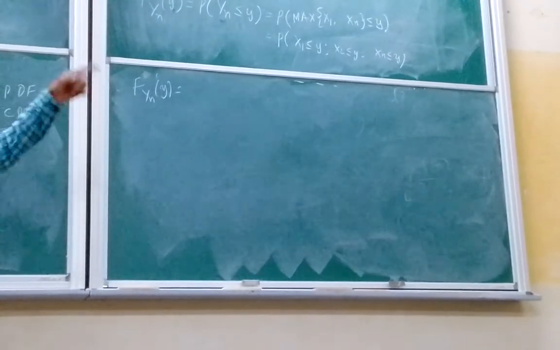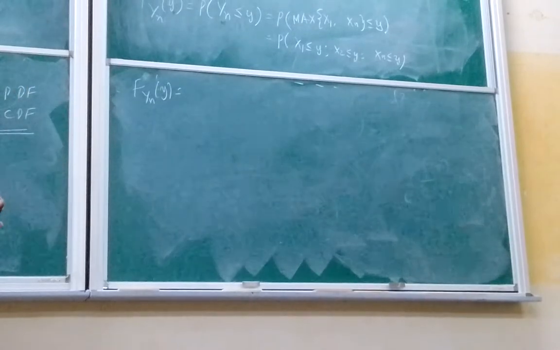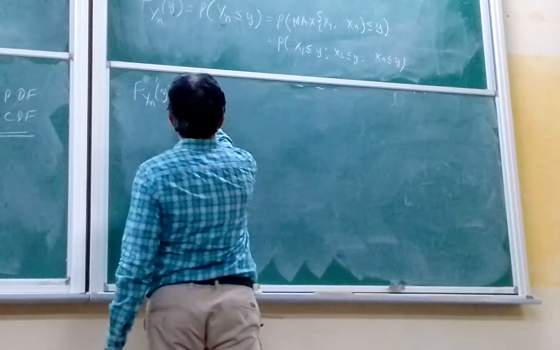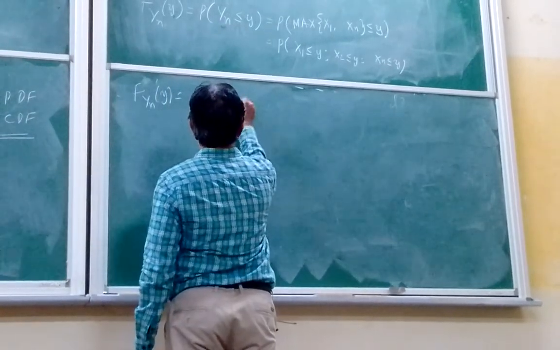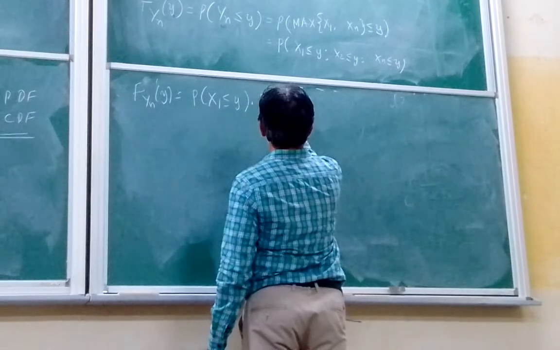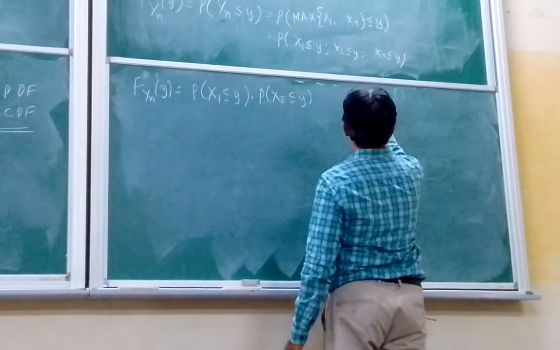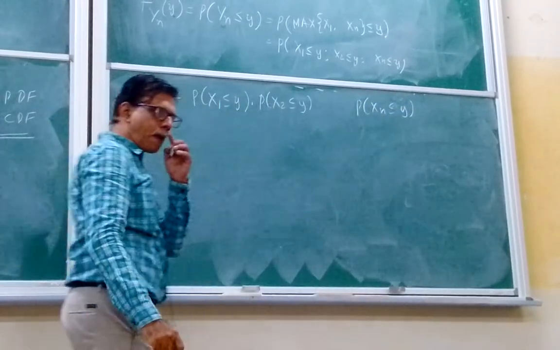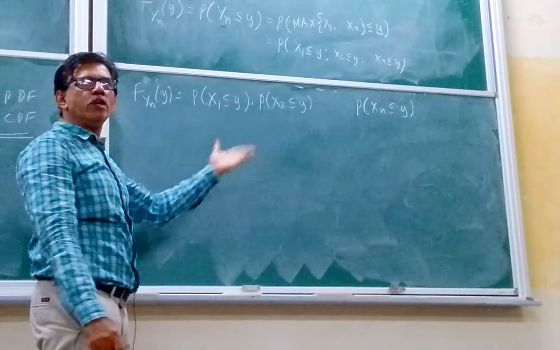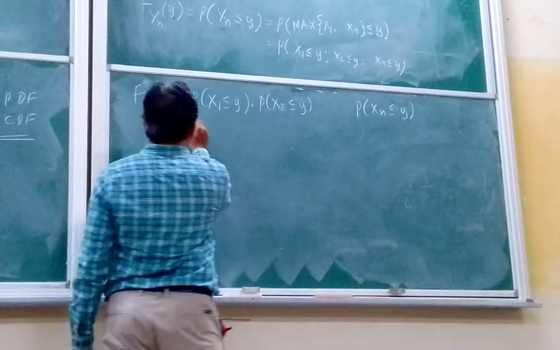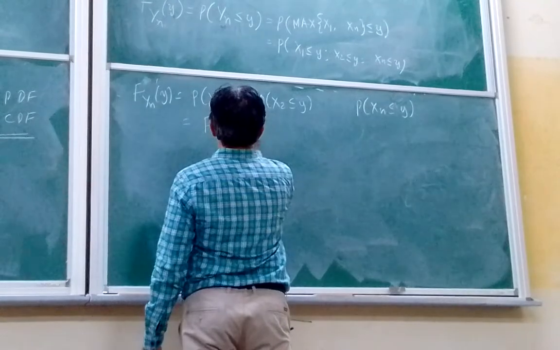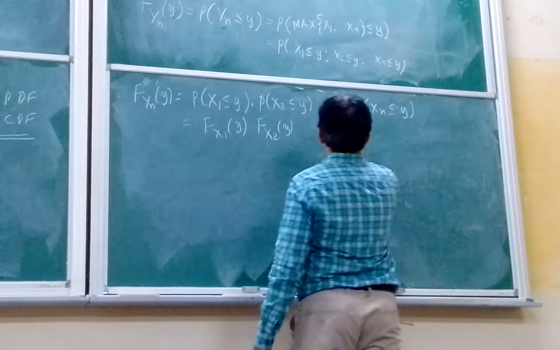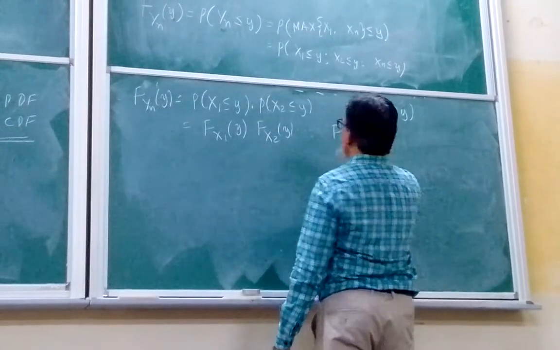So this probability becomes a product of individual probabilities. And that is what? They are all individual CDFs. Product of individual CDFs. F_X1 evaluated at y, F_X2 evaluated at y, and so on, F_Xn evaluated at y.